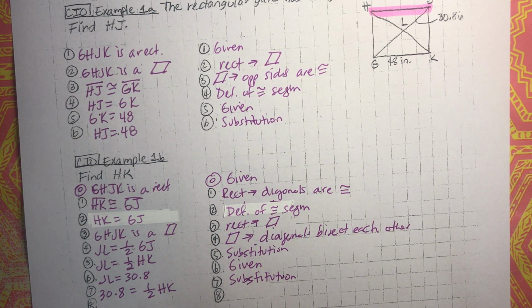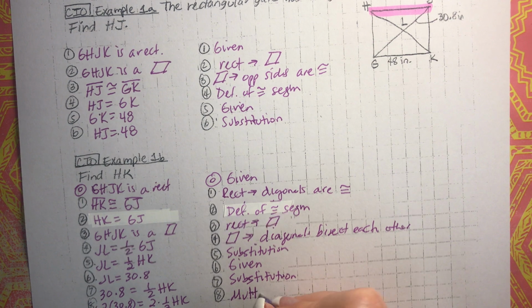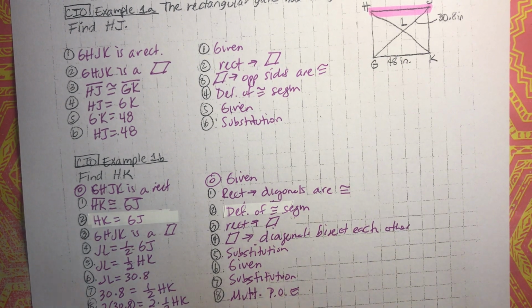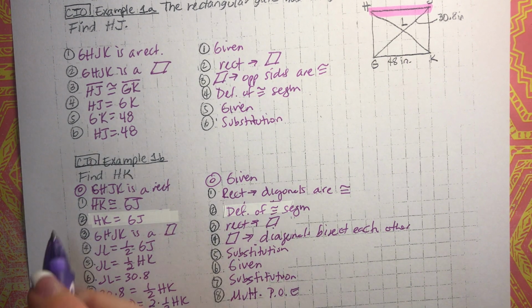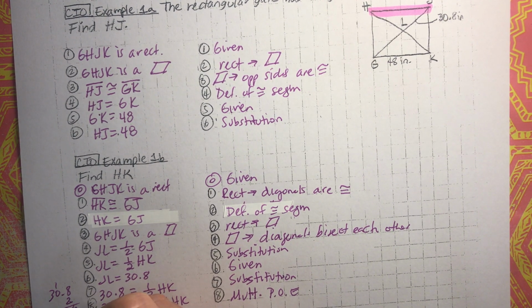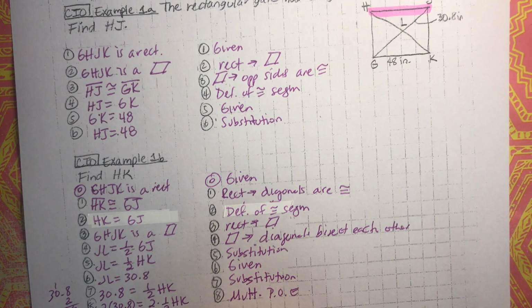So I'm going to probably multiply both sides by 2. So I'm going to go 2 times 30.8 equals 2 times 1/2 HK. That's going to be multiplication property of equality, and 30.8 times 2, so that's going to be 61.6 equals, those cancel, HK.